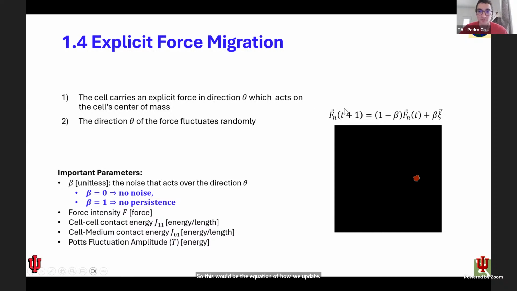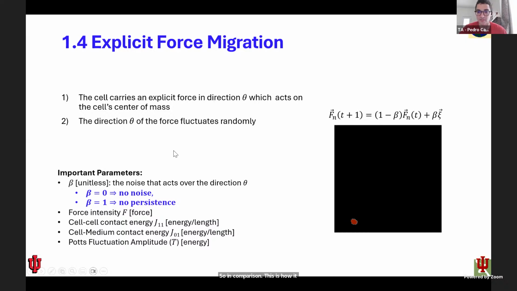The next force vector is the previous force vector plus a noise, and it conserves a little bit of the previous force vector, where beta is how much of the noise we are introducing in that previous force. So in CompuCell, this is how it looks.